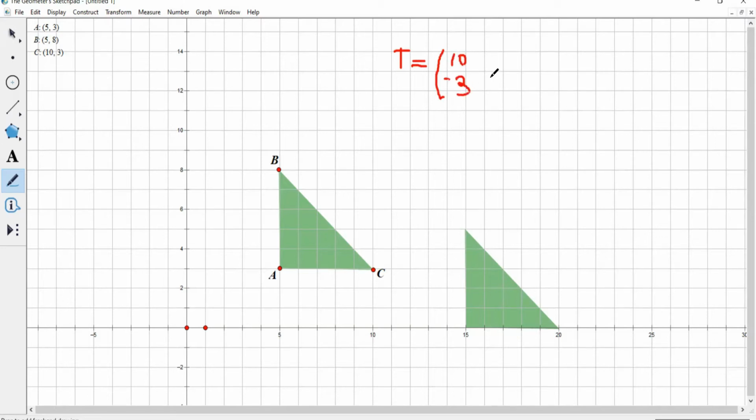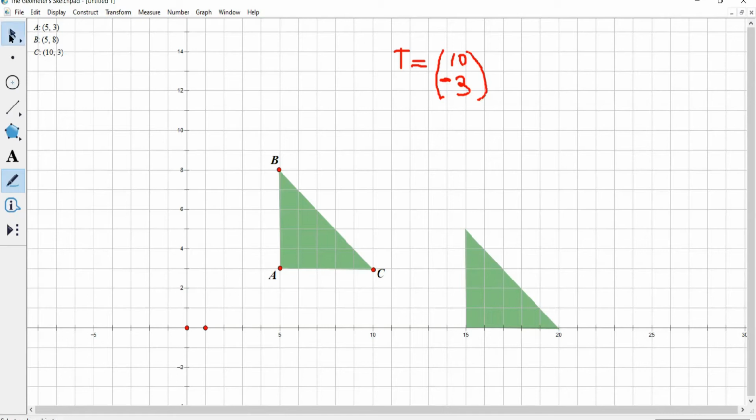Now why do they use the word translation? Translation means to translate, moving from, shifting from here to here. How did it shift from here to here? The 10 right here, when it's a positive 10, it means that it is shifting to the right.